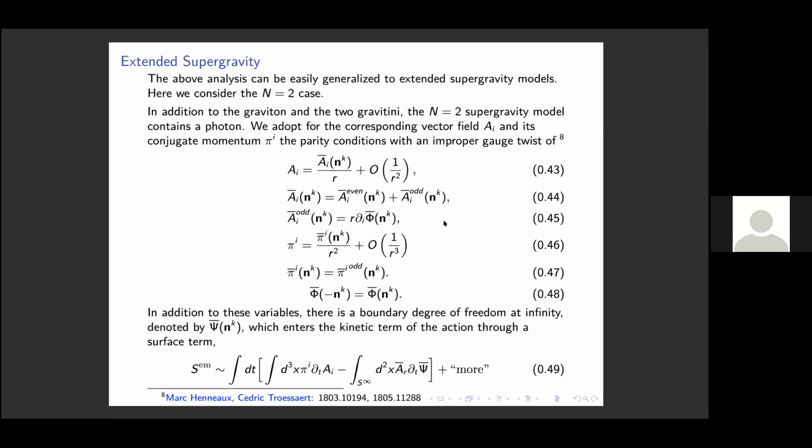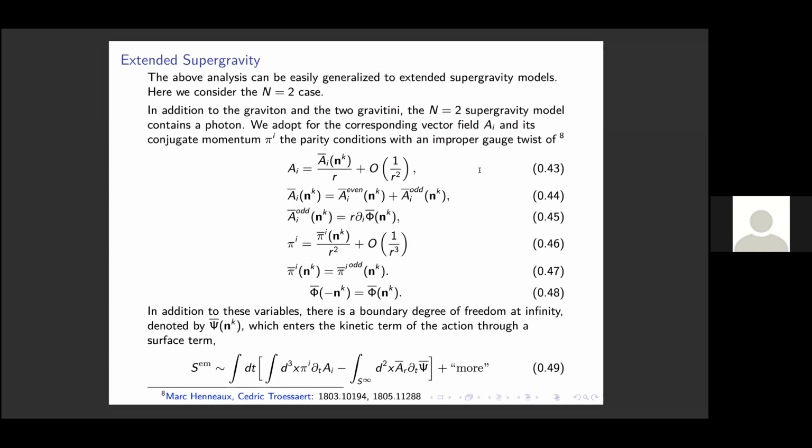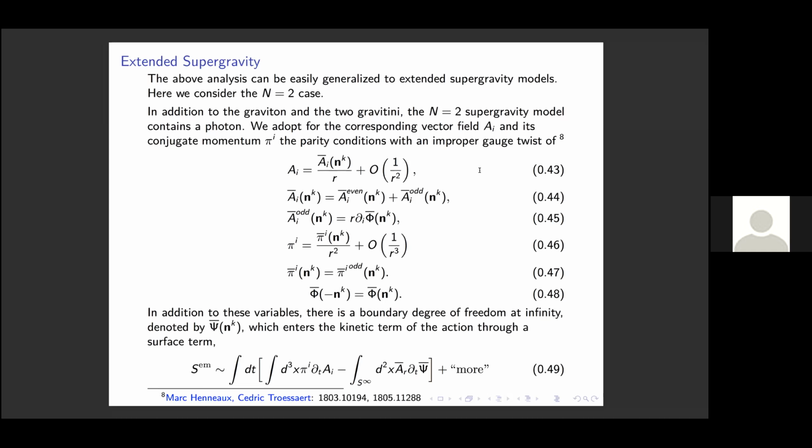Although the reasoning was different there. But I think the nonlinear terms were the problem. But at the end of the day, the parity conditions for pi I were not really compatible with having infinite dimensional U1. But I was just thinking.